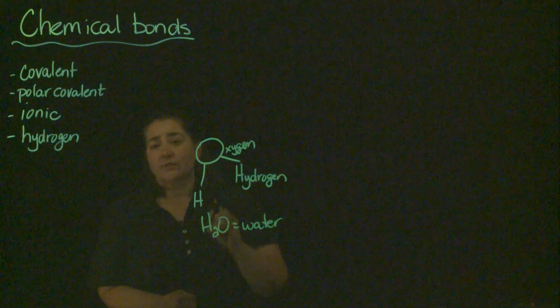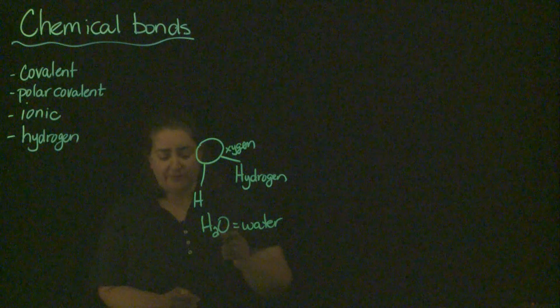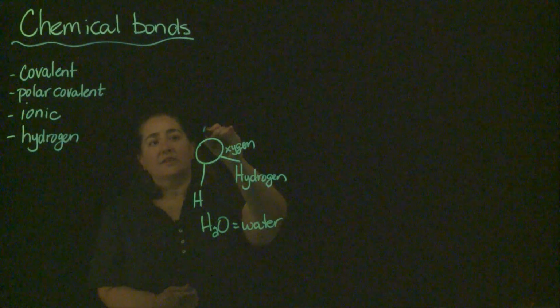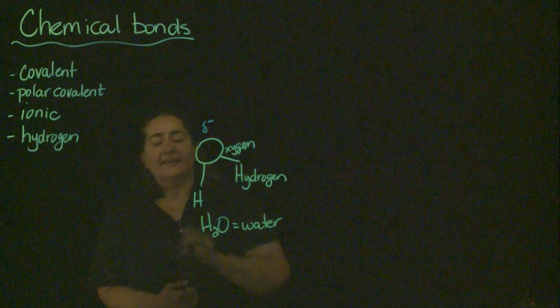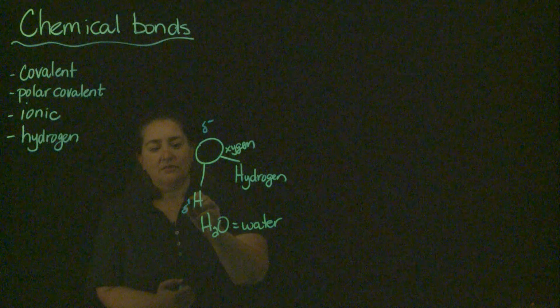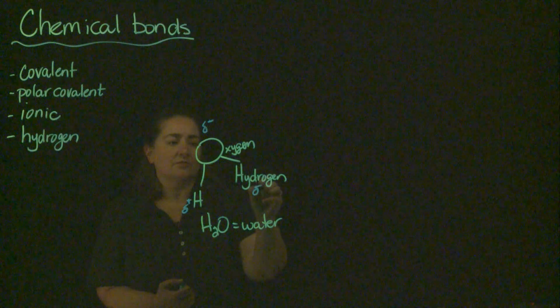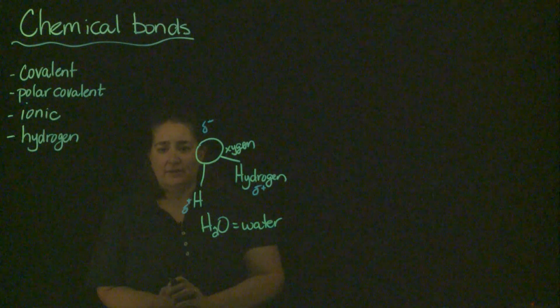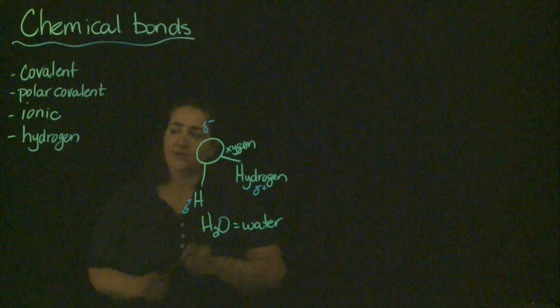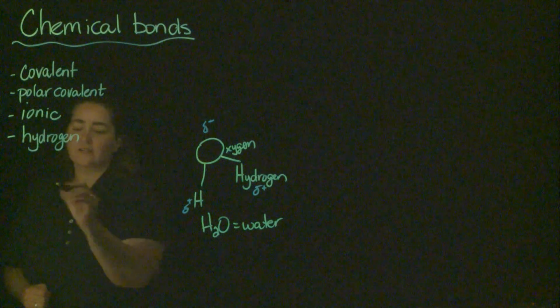But water is going to be very important biologically. And when we talked last time, I said there was a slight negative associated with oxygen. There's a slight positive associated with hydrogen, okay?